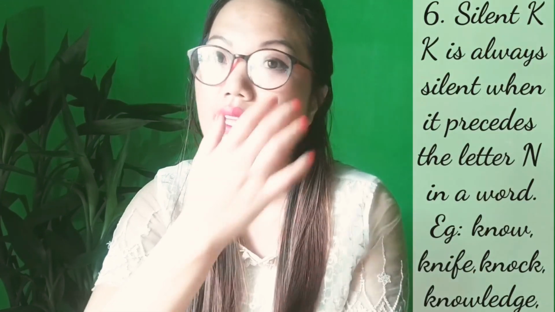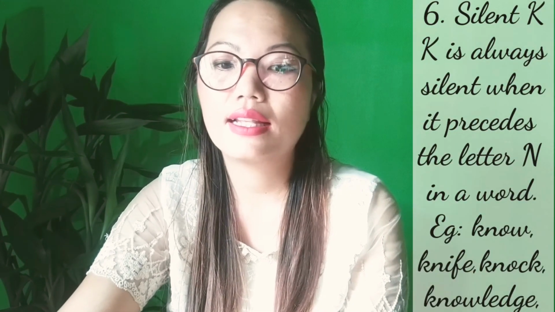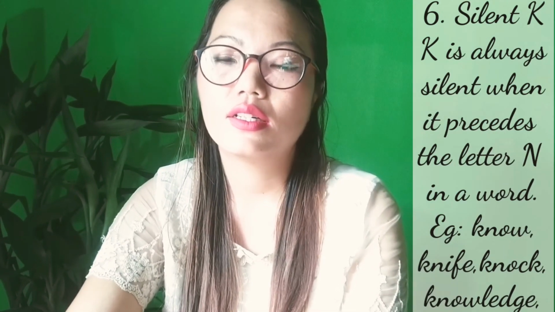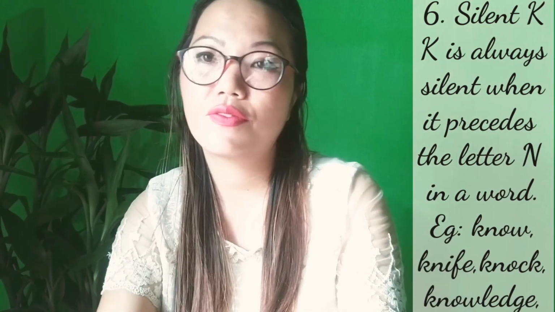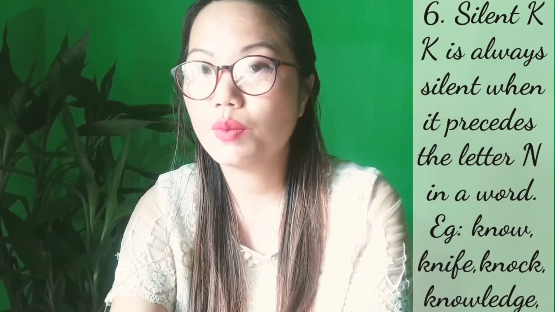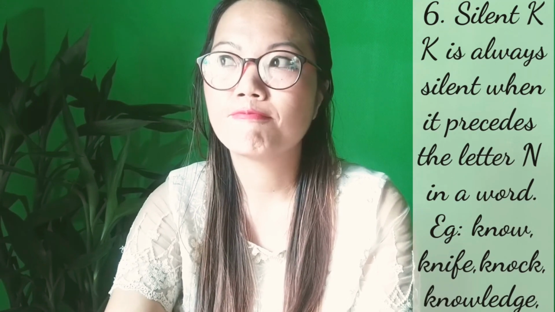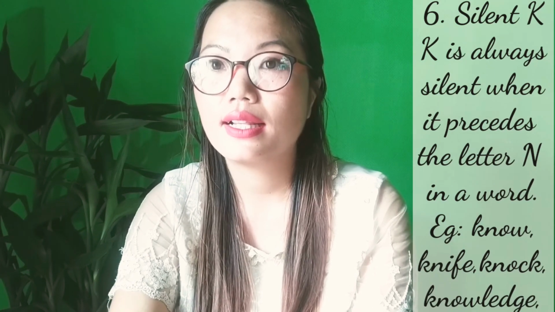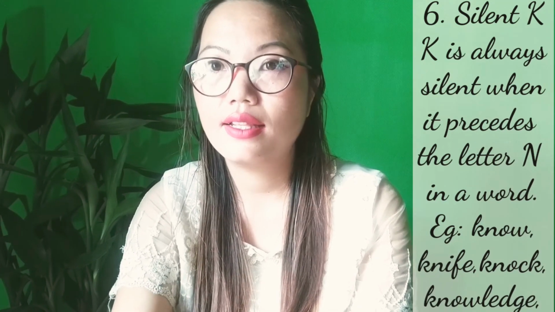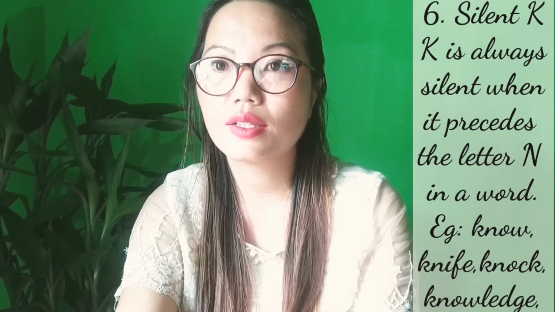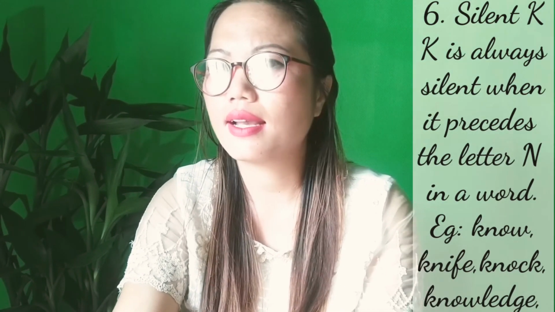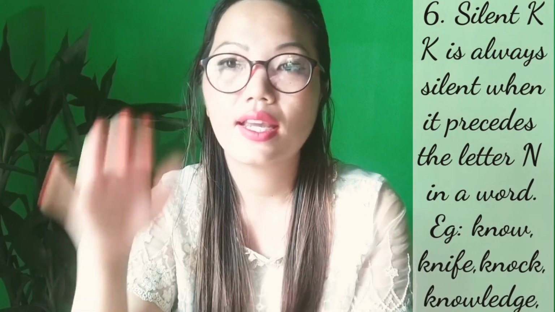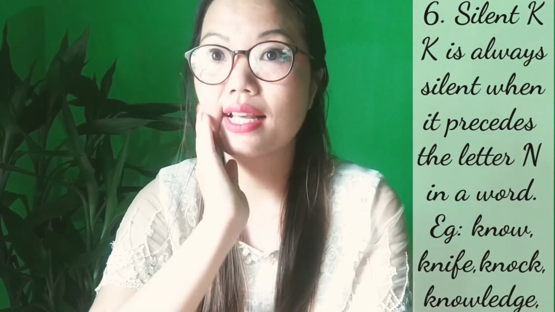Moving on, the next silent letter we have is K. The letter K is completely silent when it precedes the letter N at the beginning of a word. We can see this in words like know, K-N-O-W. The letter K comes right before N, so K is silent and it is pronounced as no. Also in knife, K-N-I-F-E, K is silent and it is pronounced as nife.